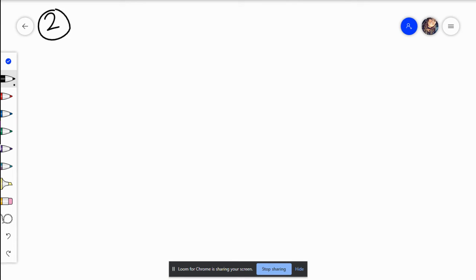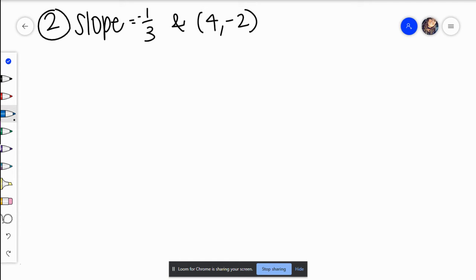So, second example, it's telling us that our slope, my colors may just change because I don't remember what my colors were, is a -1/3, and the point that we're passing through is 4, -2. First, what we need to do is write it in point slope form, which is saying we have a slope and we have a point.